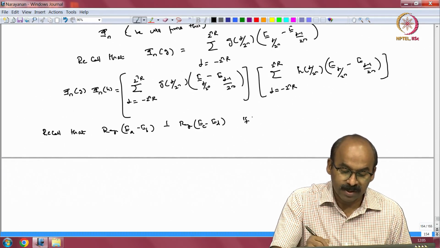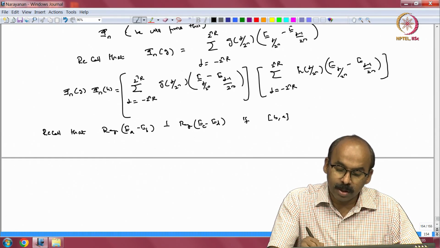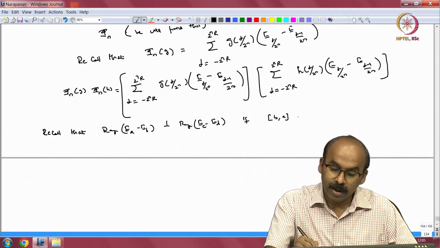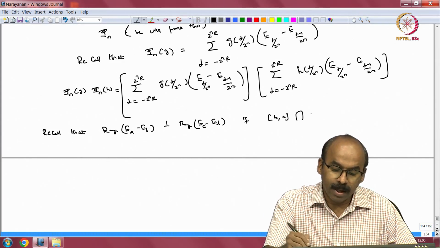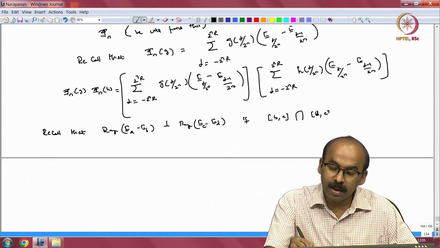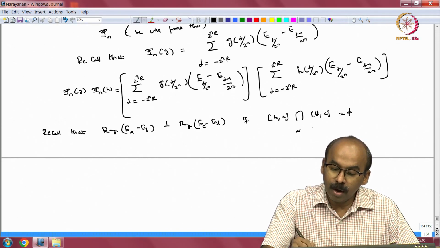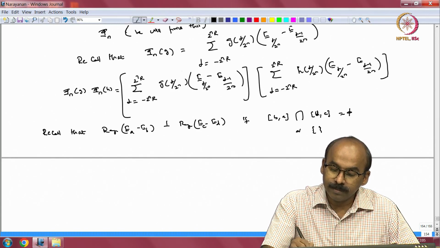If the interval, let us say B A, so I wrote it in the wrong direction, but that is okay. If B A intersect D C is empty, right, or singleton, right.